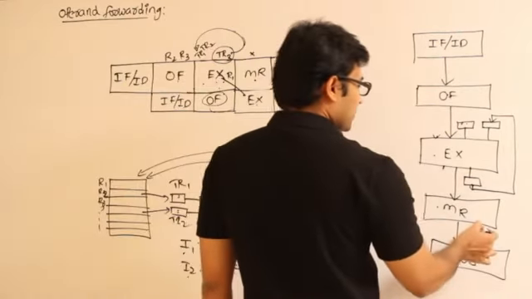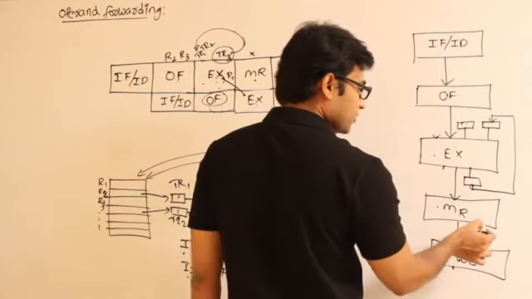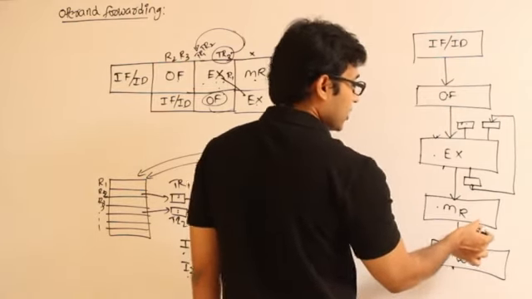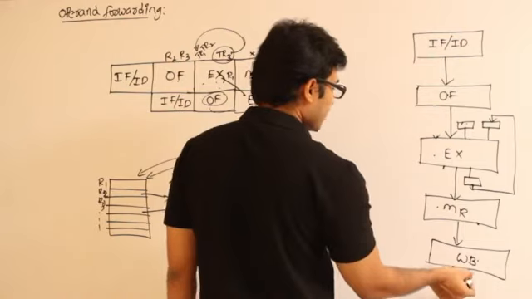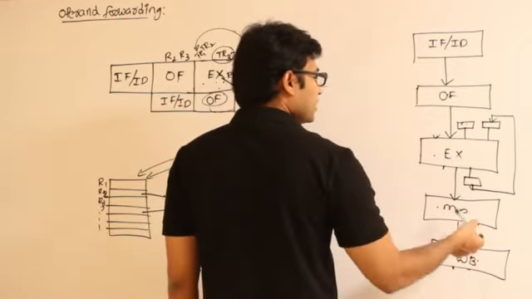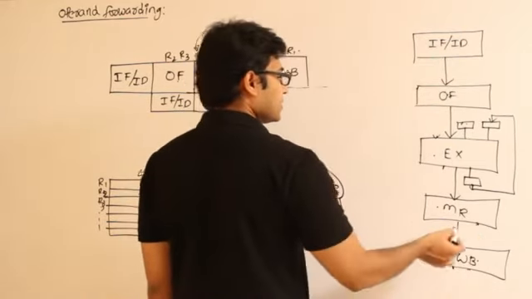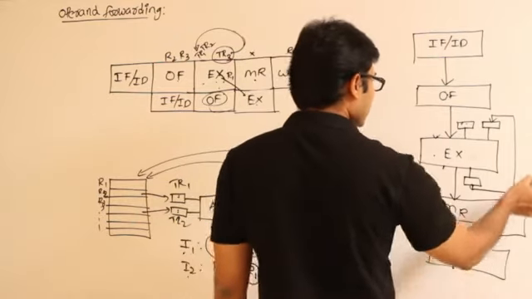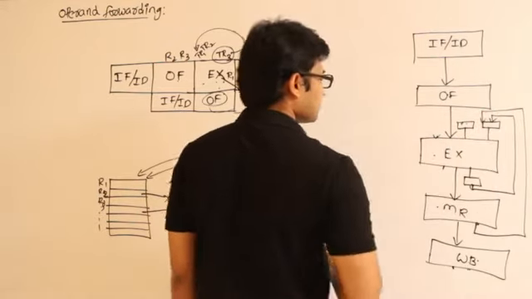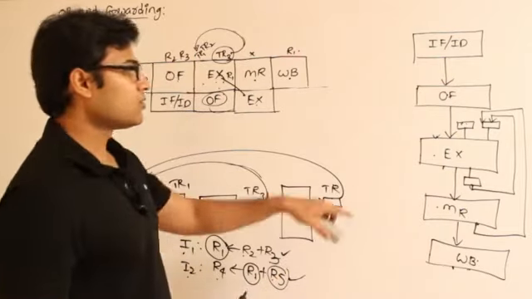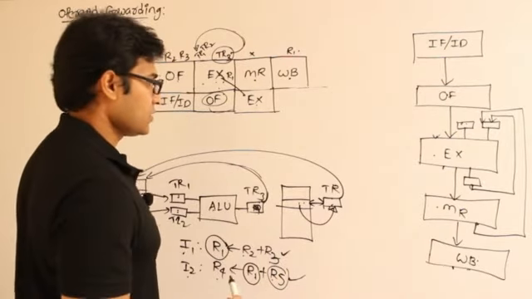And here also, generally if you are reading something from the memory, you have to wait for the write back phase to write it into the register file. Then only the next instruction can read from the register file. But without waiting for that phase, you can apply this one. Got it? So if you try to do this, this is called short circuiting.